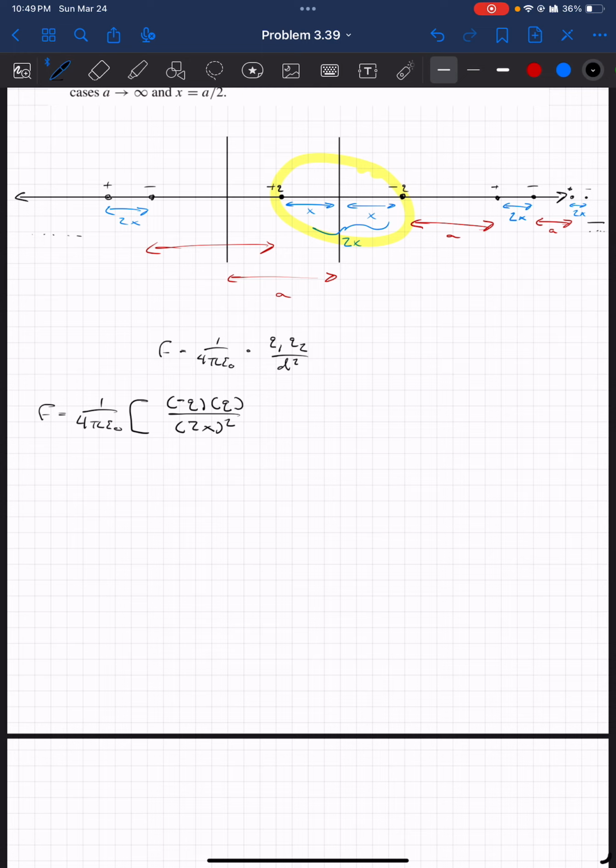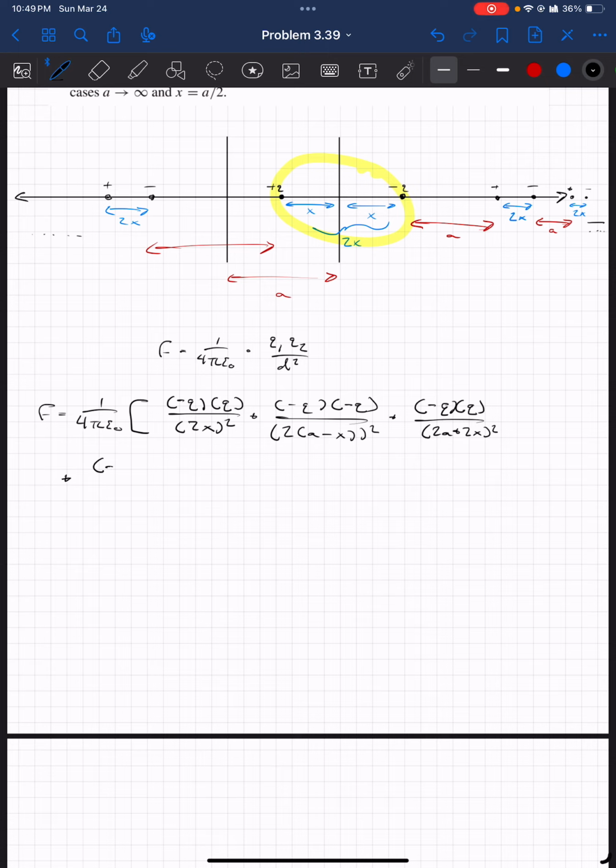Now, next, we also need to think about negative q and negative q, which are a distance 2 times a minus x squared. Then we must consider negative q times positive q, a distance 2a plus 2x squared away.